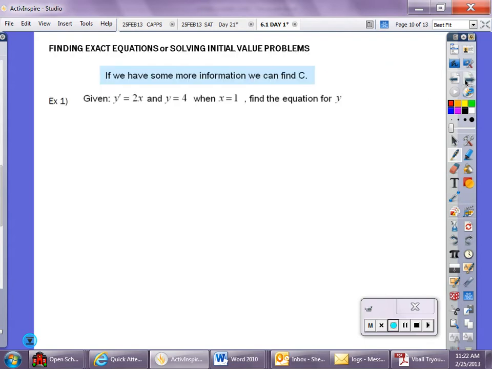Okay. So, this guy came from the very beginning where I was showing you the two functions. The derivative of y is equal to 2x and y equals 4 when x equals 1. Find the equation. So, this is obviously an initial value problem. I only show this because I do want you to rewrite y prime as dy dx. Getting to good form, multiply by the dx, and then integrate.